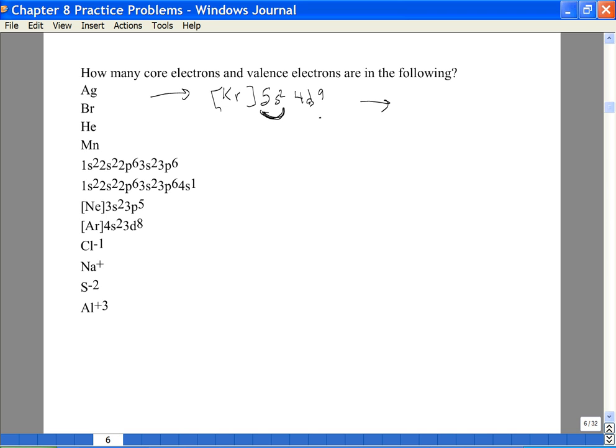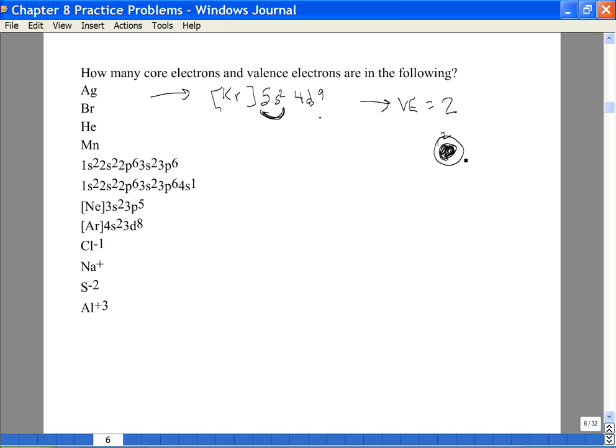So the number of core electrons: if the valence electrons are 2, then the core electrons are going to be everything else. So you can simply take the atomic number for silver and subtract 2 and get a total of 45 core electrons.